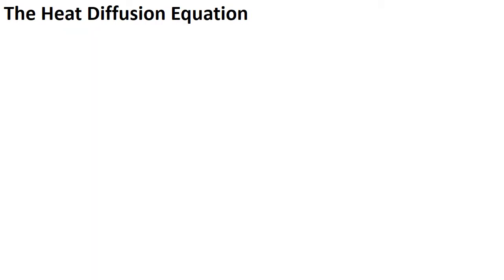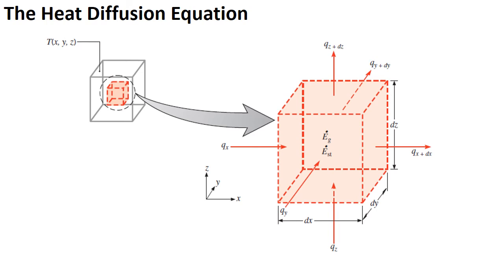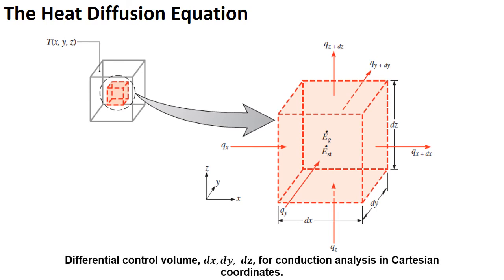Now we are going to discuss the heat diffusion equation. What is the heat diffusion equation? We have a differential control volume having dimensions of dx, dy, and dz. The heat entering the cube in the x direction is qx.